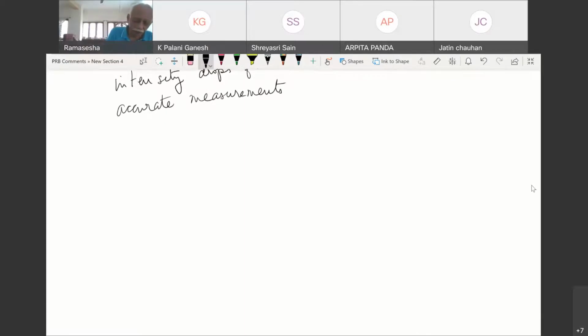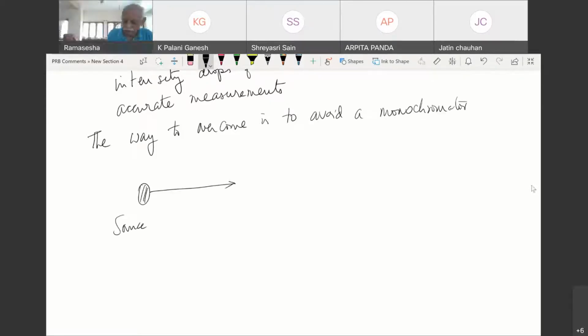So the way is to avoid monochromatic light. What you do is, you have the source, then a beam splitter with two parts, and the middle is the beam back.